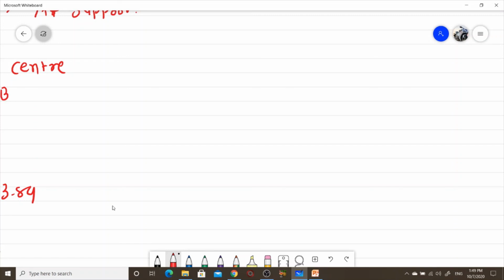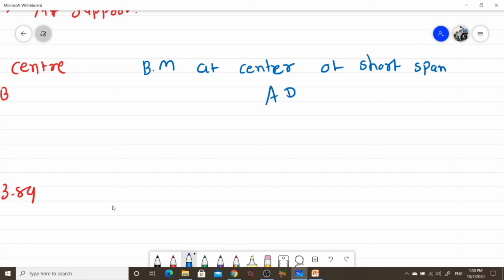Right now, maximum bending moment at the center of the short span. Which one? AD. Center of short span: PB square divided by 8 minus MA. So P is the same, 31.67.